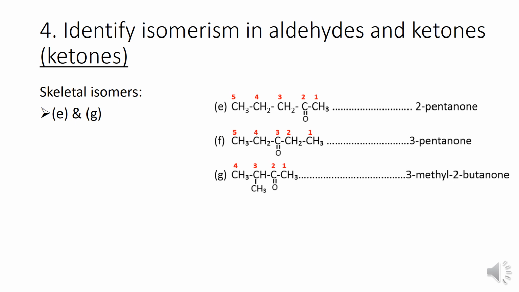Now let's go back to what I explained about positional isomers, E and F. What do we call them? We call them positional isomers. So positional isomers are E and F. They have the same molecular formula, the same main chain, but the position of the functional group is different.